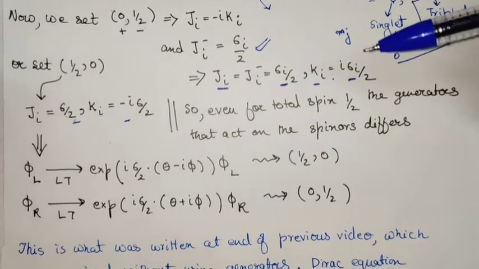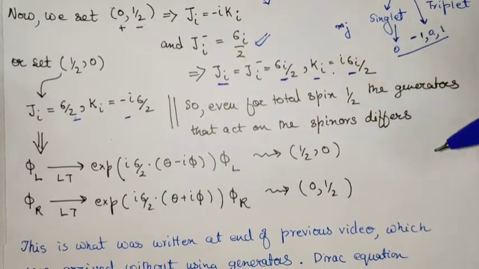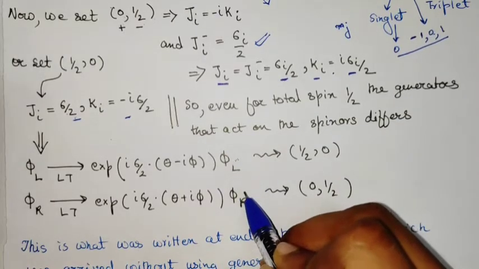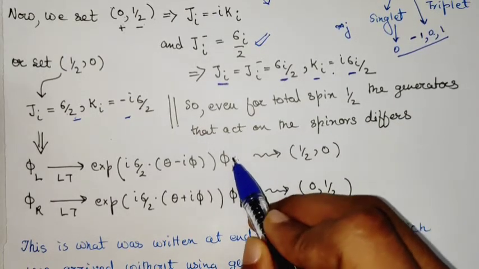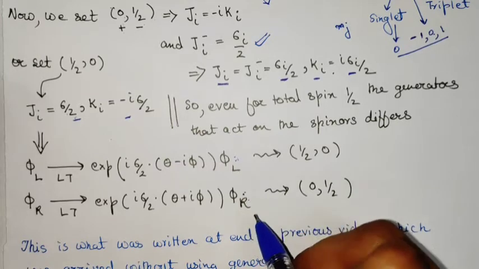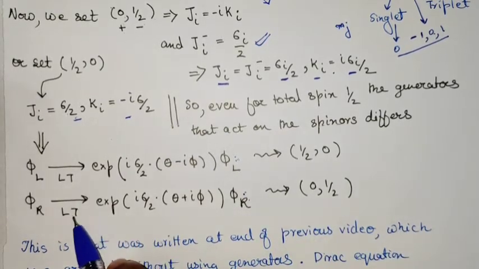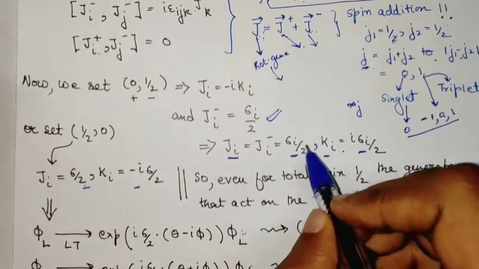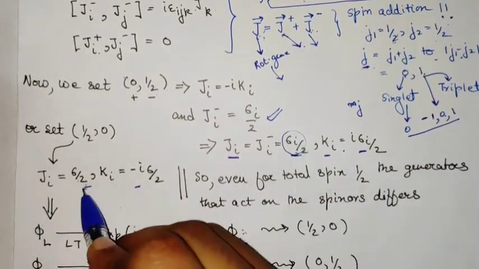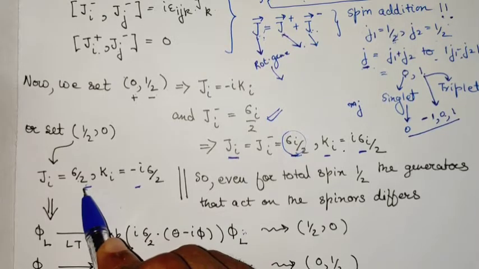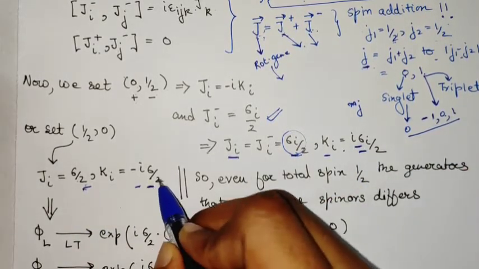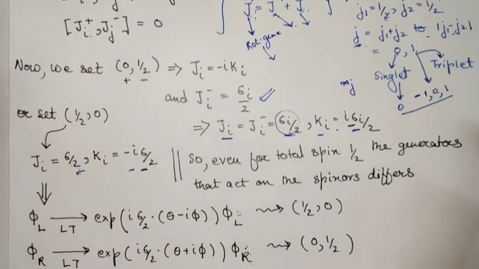And this is what we saw in the previous video, that there were two representations, two types of spinor, left-handed and right-handed, and they transformed in a slightly different way. And what was the difference? It was precisely that the rotation transformations were the same, sigma_i by 2, but the boost transformations were transforming with a minus sign.